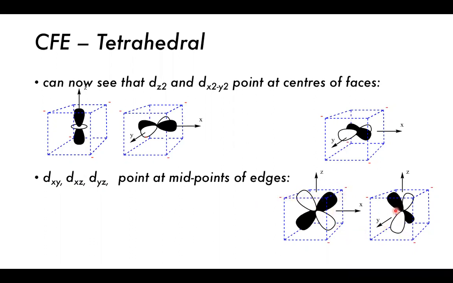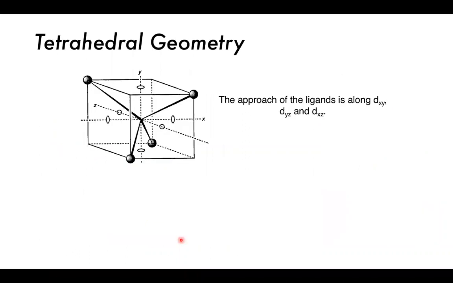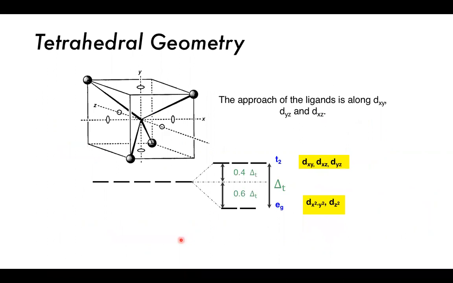And then obviously we've got similar effects going on here and here, which results in these orbitals becoming destabilized or higher in energy. But there are ultimately no orbitals which point directly at the ligands, but these three are the closest. And so the splitting energy is going to be less than in the octahedral case. So this is the tetrahedral splitting diagram.